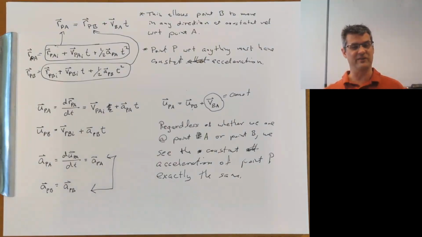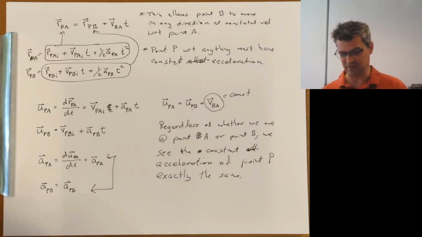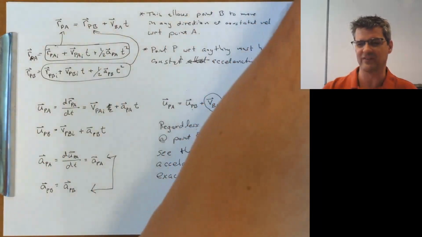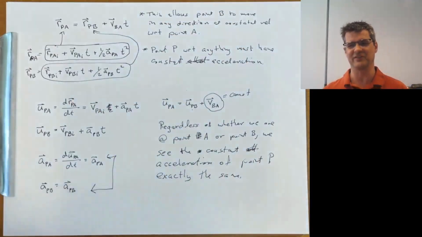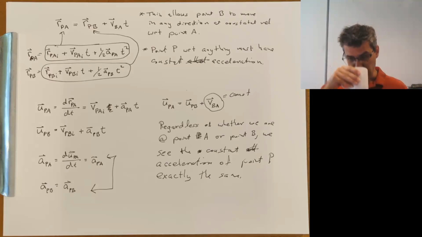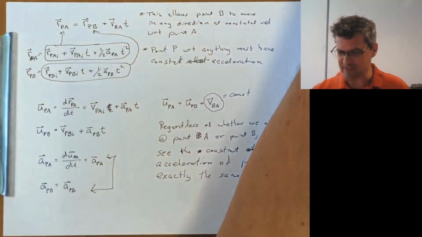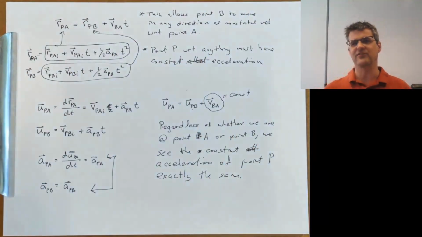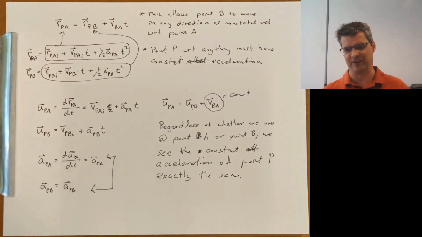I might see weird things with velocity. I might see weird things with position. We won't always agree on that, but we will always agree that the only acceleration that that particle is feeling is g straight down. That's what this is saying. So what is said to be an inertial frame of reference, we don't know what inertia is yet, we're going to talk about that next time, is we can be in any frame of reference that is not accelerating.